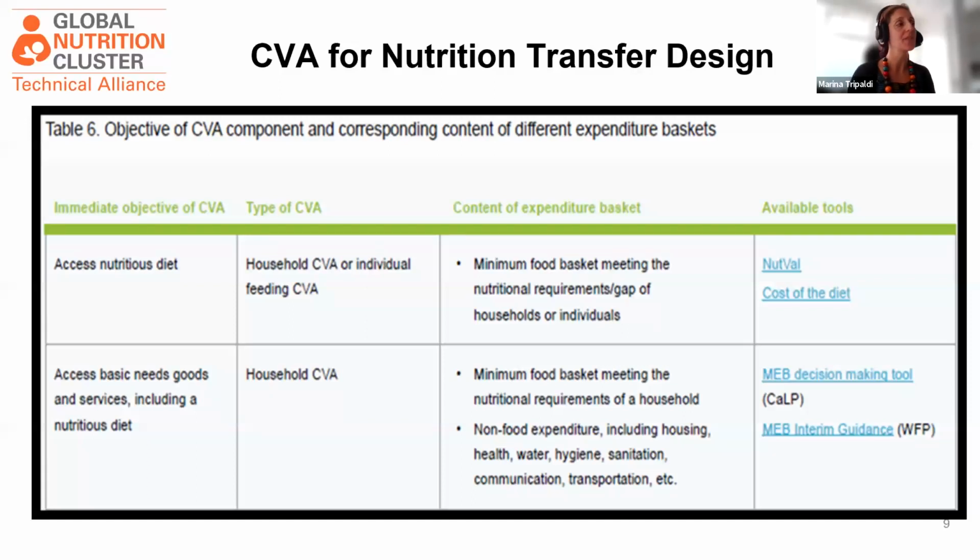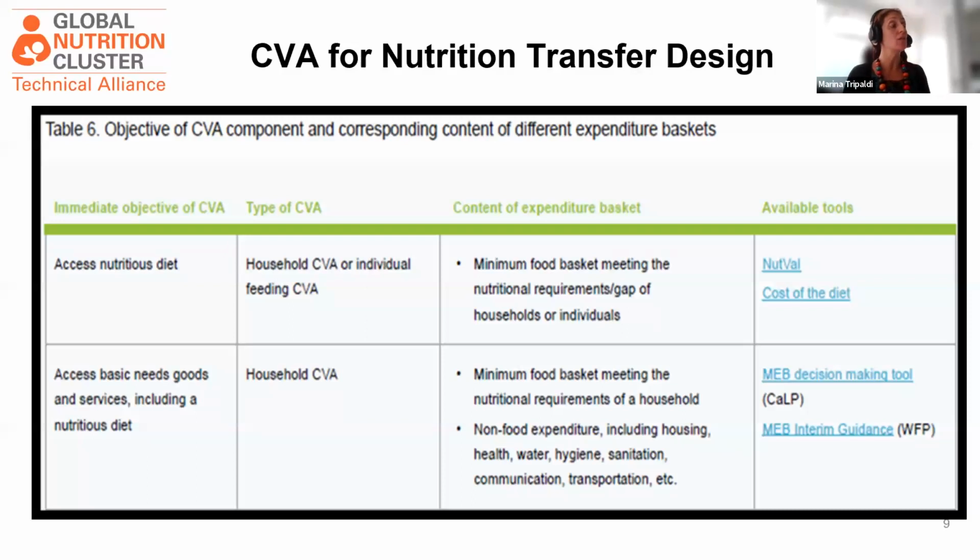nutritionally adequate. The second type of objective that is proposed is when cash or voucher assistance are used to cover a series of basic needs to access different goods and services.